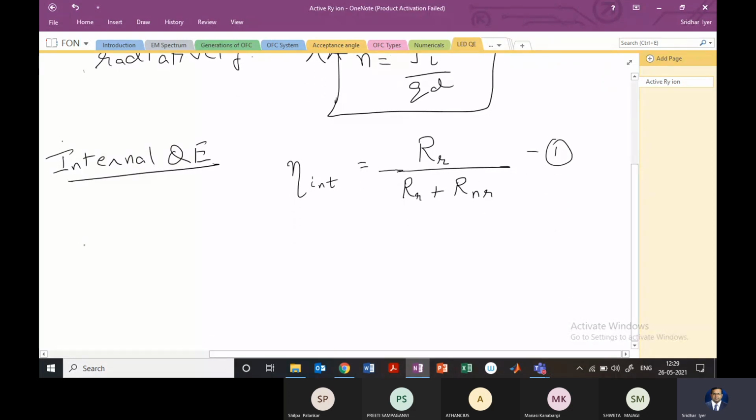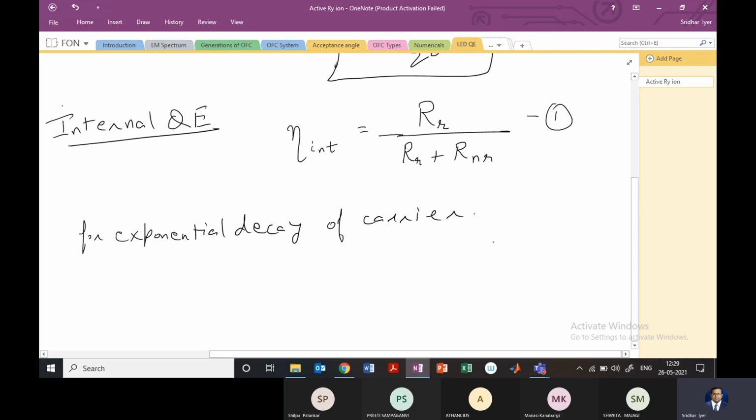Now we have seen that there is an exponential decay as you inject the electrons. So for exponential decay of carriers, note here we are only interested in the radiative recombination.